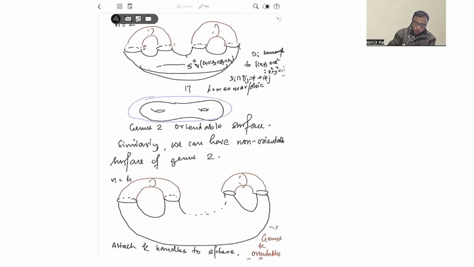I'll call it the genus 2 orientable surface. Genus 2 means we are attaching 2 handles to the sphere.